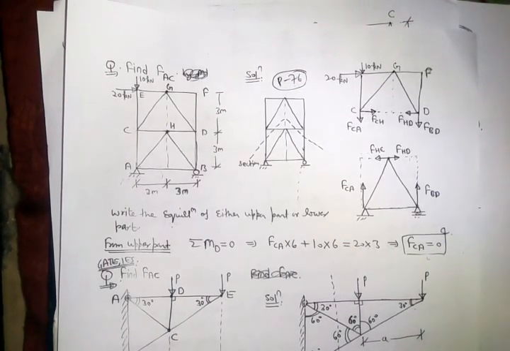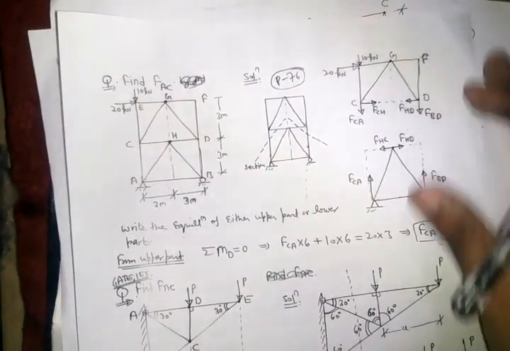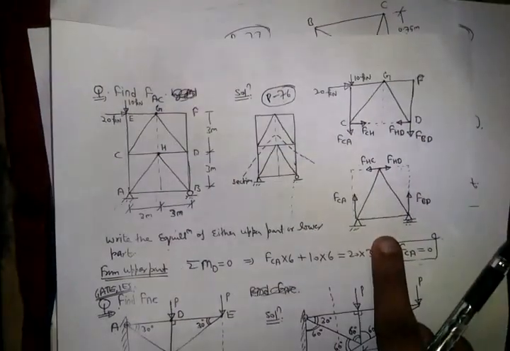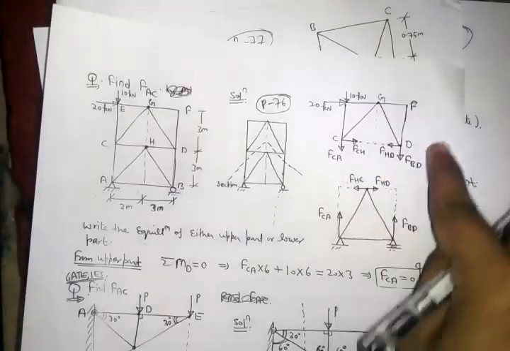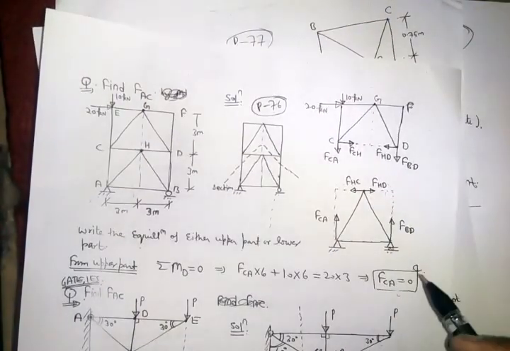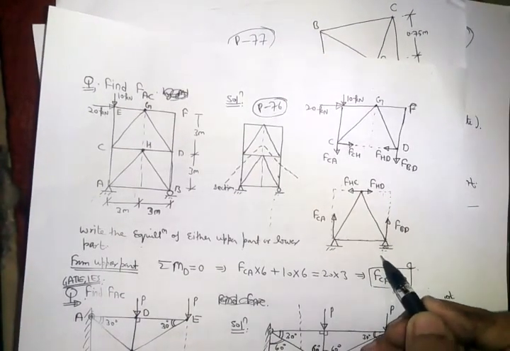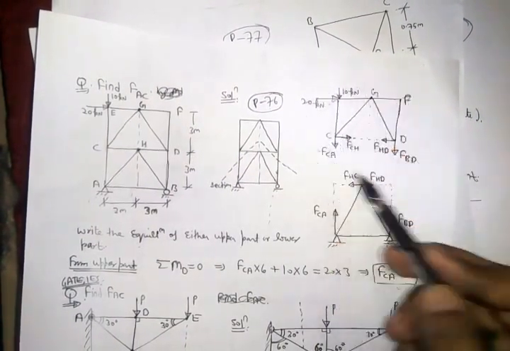If I take moment about point D, I can write the equilibrium of this part or of this part. If I write the equilibrium of this part, I need the external reactions also, but if I do not want to find a reaction, I should analyze the upper part.